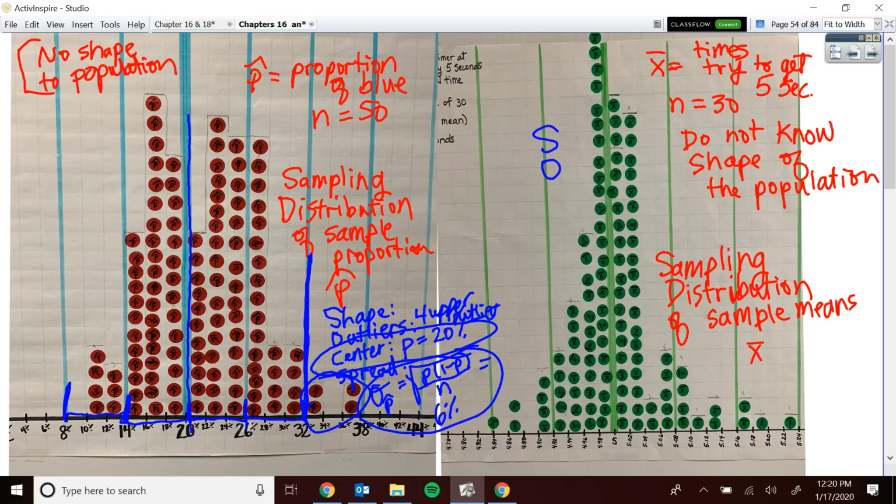We'll come back to outliers. Center, where did this seem to be centered? The mean of 5 seconds. I've in the past calculated the standard deviation of this sampling distribution to be 0.08 seconds.